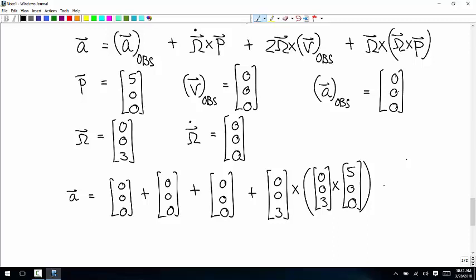And so the acceleration is 0, nope, negative 45, 0, 0.